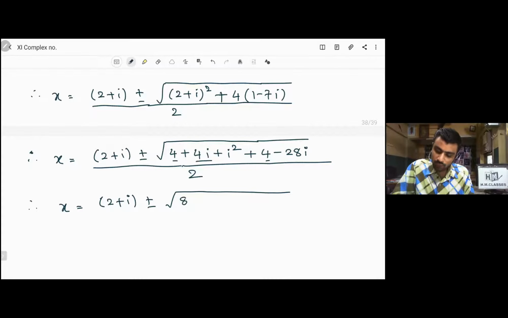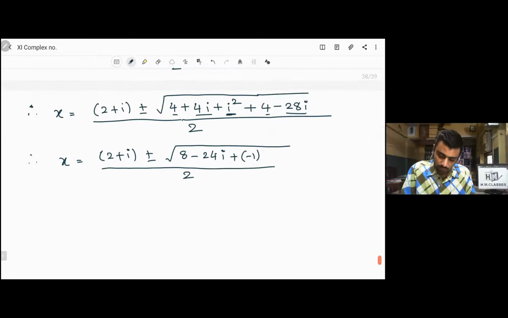This plus 4i minus 28i is going to become minus 24i, and this i square is going to become minus 1, in place of i square minus 1, and upon 2 as it is.